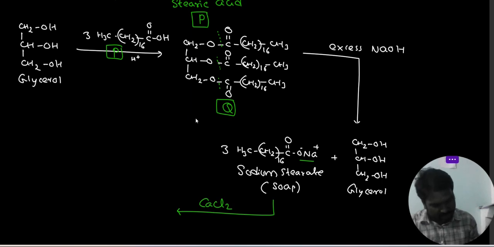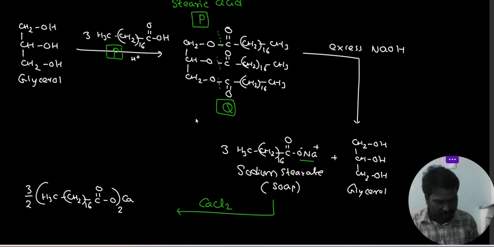So how can we write it? CH3(CH2)16COO, twice, with calcium. If we write 3/2 of this, twice, with calcium, then it is balanced. Calcium is the divalent ion.